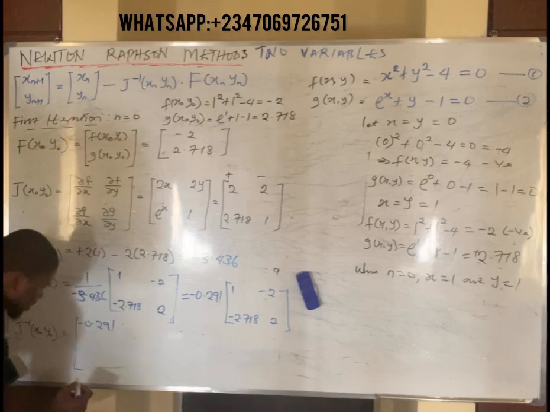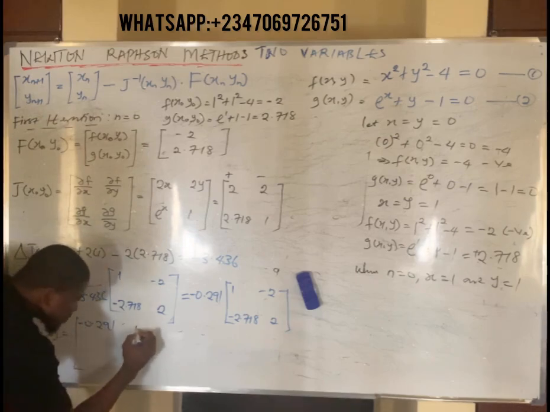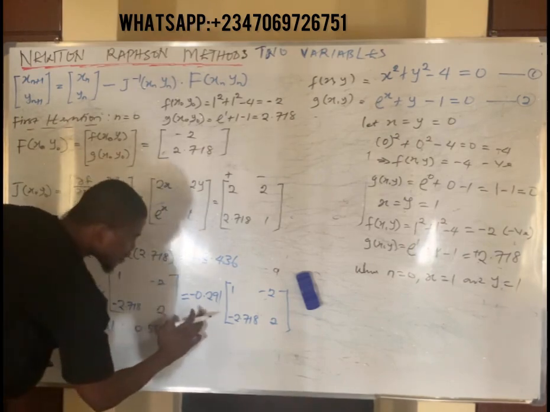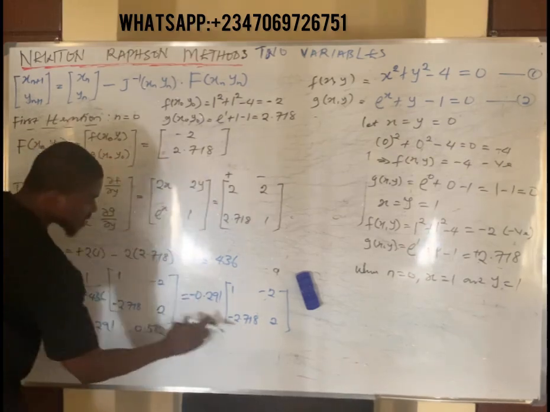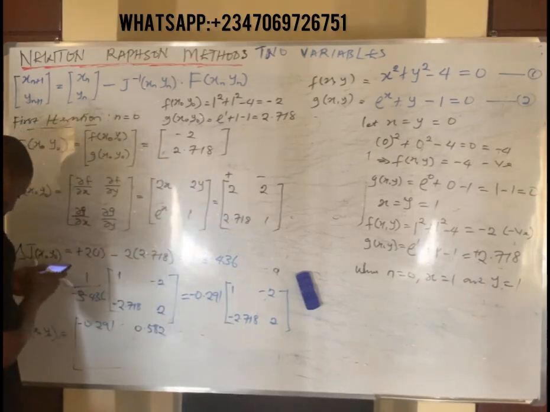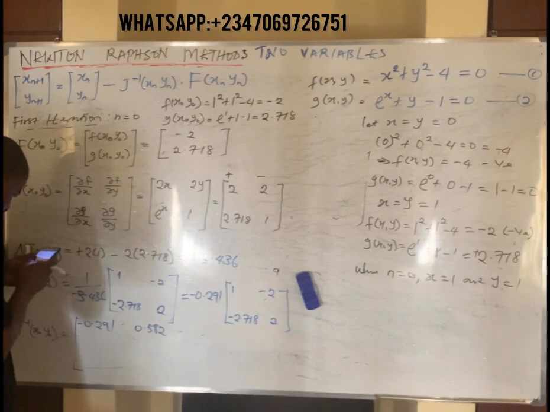So we have here positive 0.582. Again, negative 0.291 multiplies negative 2.718. Negative cancels negative. So we simply find 0.291 multiplies 2.718.